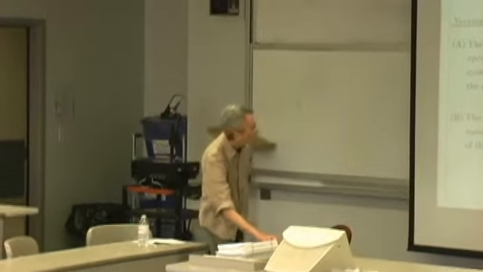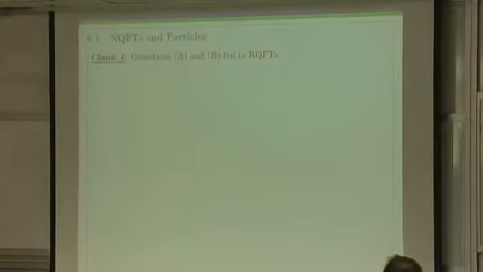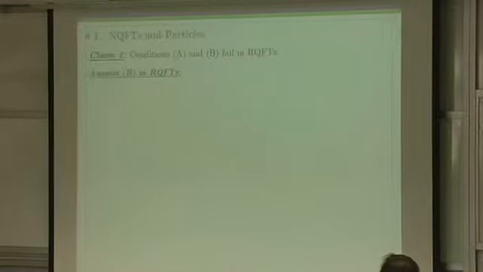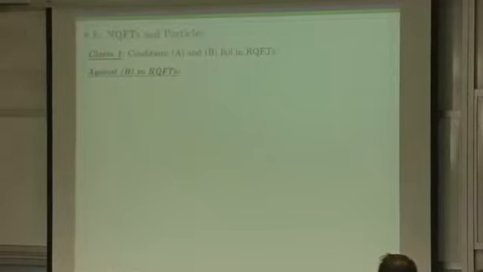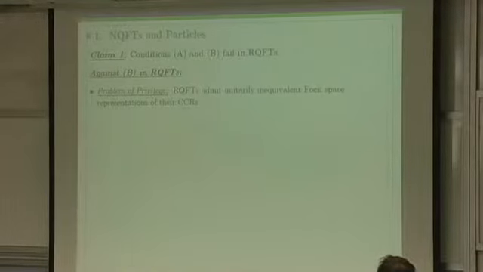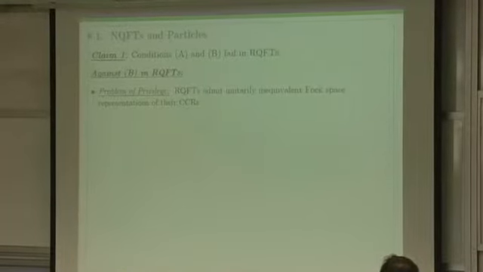So it's fairly simple to demonstrate that conditions A and B fail in relativistic quantum field theories. First consider condition B, the requirement of a unique total number operator. In general, condition B faces the problem of privilege, namely, relativistic quantum field theories admit unitarily inequivalent Fock space representations of their canonical commutation relations.